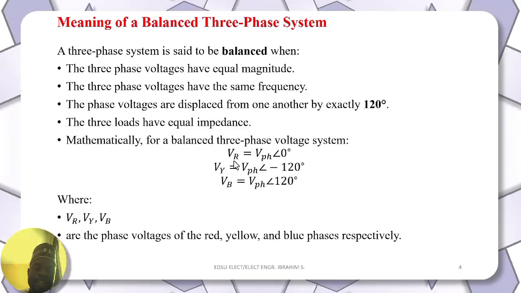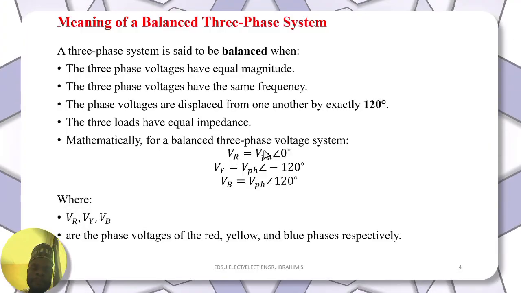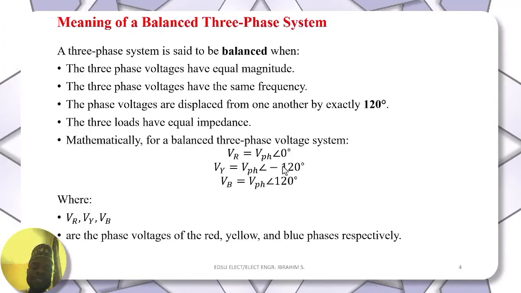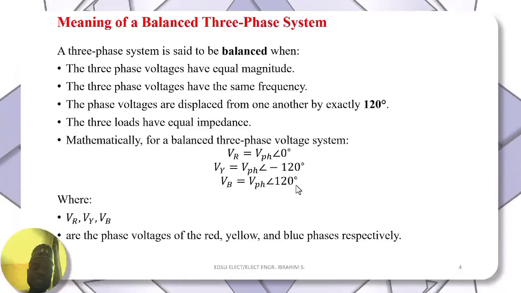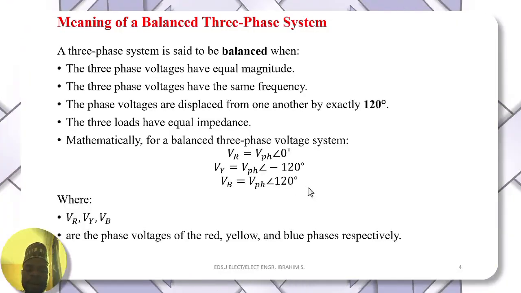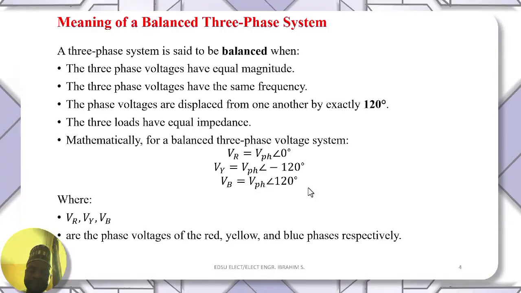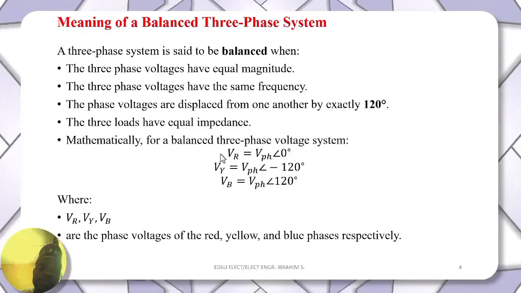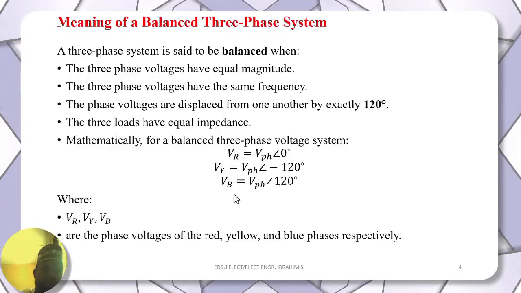So my red phase is V phase at angle 0 degrees, while my yellow phase is V phase at angle minus 120 degrees, and my blue phase is V phase at angle 120 degrees, which means they are 120 degrees apart. Normally, we have the voltage at the red phase, the voltage at the yellow phase, and the voltage at the blue phase.